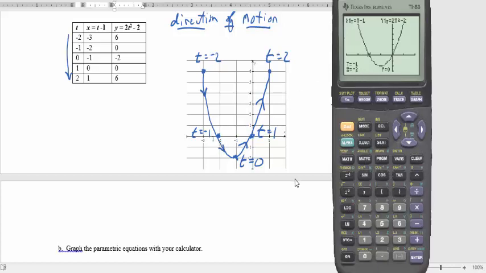So that's how I can do that. And I can also look at the table of values, which is just identical to what I have here: -3.6, -2, 0, -1, -2, 0, 0, and 1.6. Now it gives me t values beyond what I graphed, but in this case I'm only interested in the t values between -2 and 2. So it works similarly, it just adapts to fit the parametric form. So it's a pretty nifty thing.